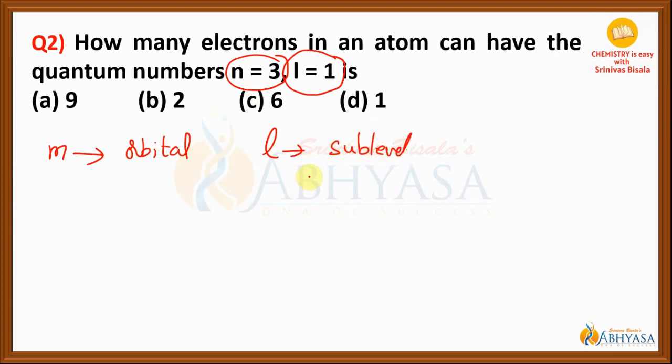So what is given here? n equal to 3 and l equal to 1, and l equal to 1 means it is nothing but the p sublevel, isn't it? So for 3p sublevel, we need to find out how many electrons can be present. So how many electrons can be accommodated in 3p sublevel? And that is nothing but 6.